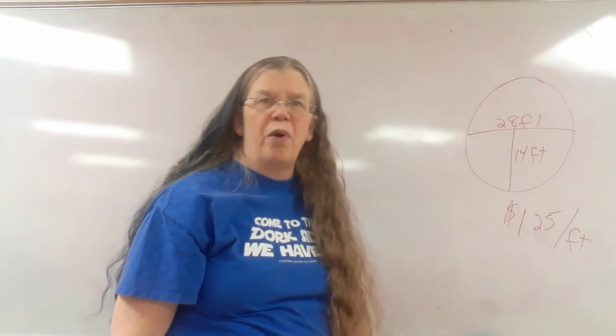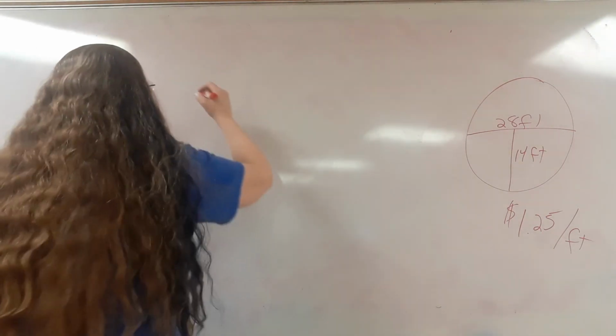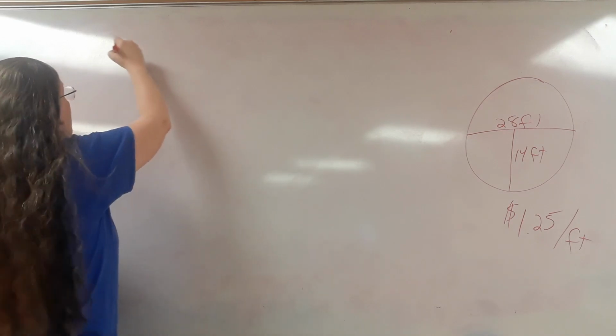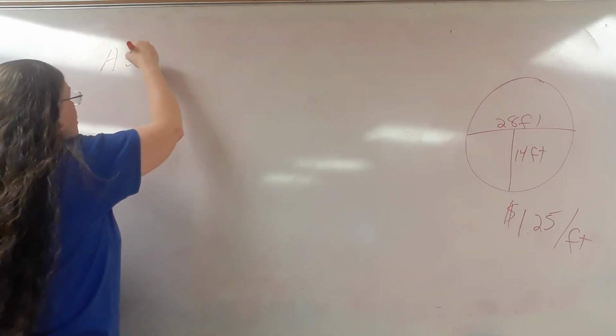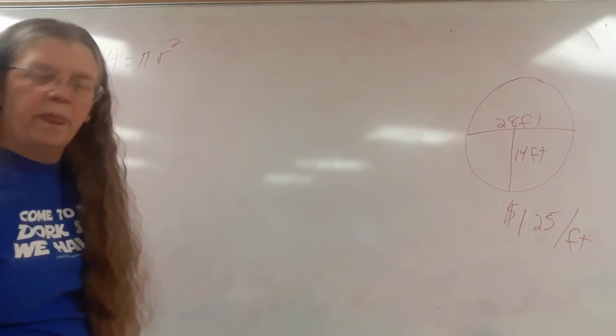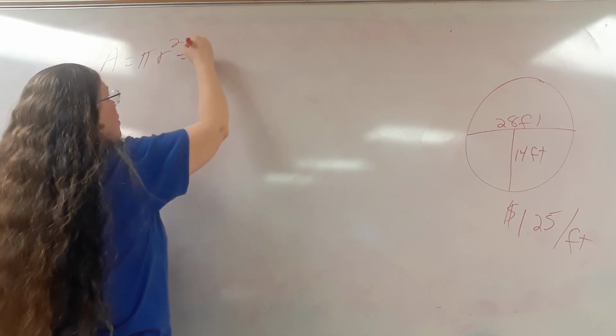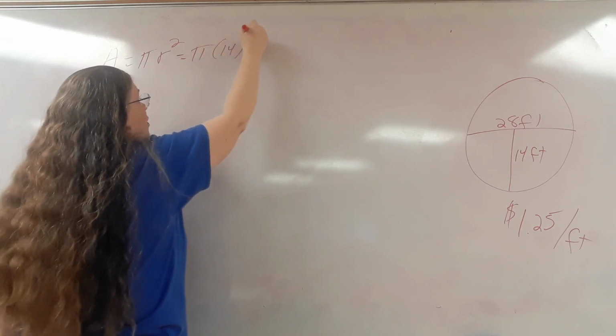So that's what we have from the problem. So now let's look at that. The area is pi r squared. Pi times 14 squared.